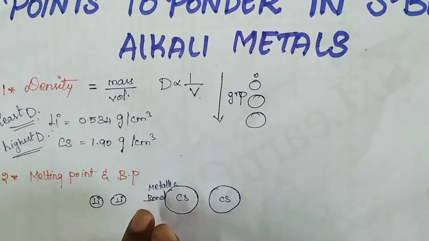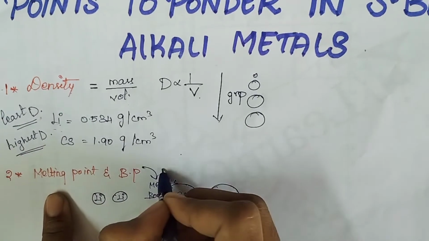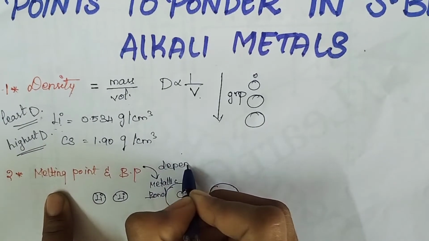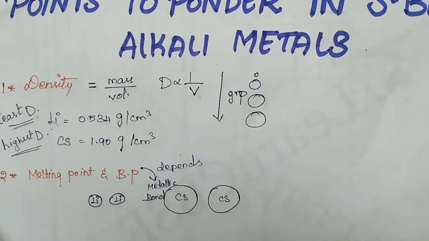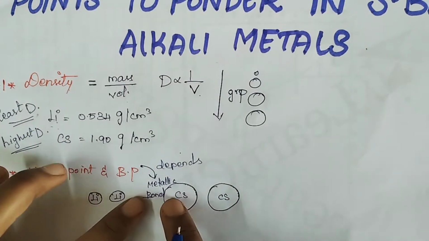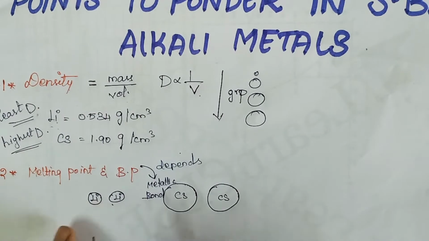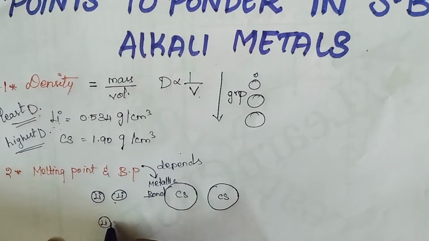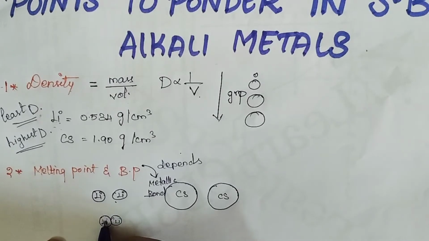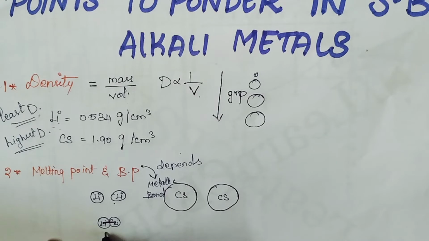The melting point and boiling point depend on this metallic bond. Are you clear? Understand the concept, you need not memorize. Now, with lithium and lithium atom, the distance between their nuclei is this much.